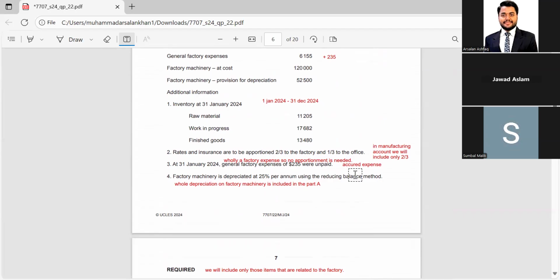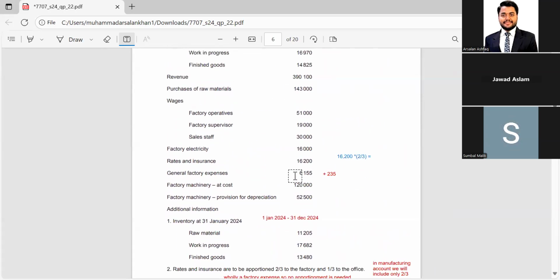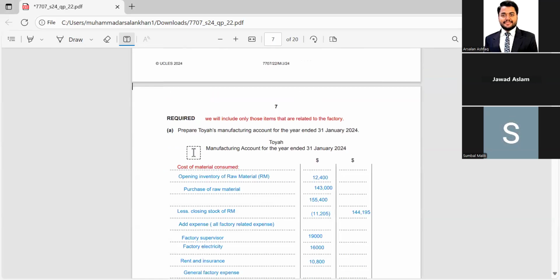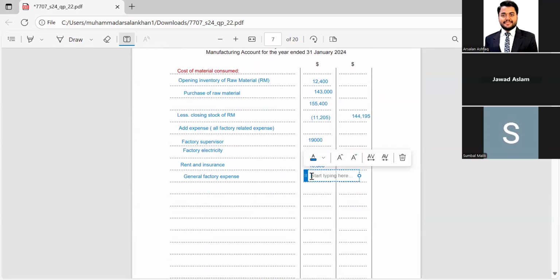So it is an accrued expense. So we came over here and we added the general factory expense for 235. So 6,155 plus how much? 235. It is 6,390. 6,390 is the general factory expense, okay.